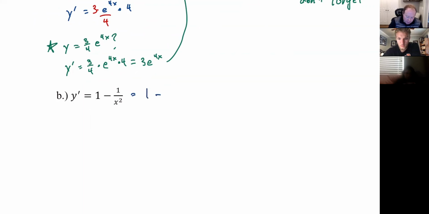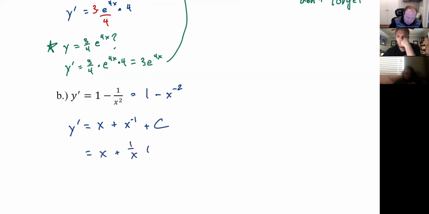So if I rewrite this one down here below as minus x to the minus 2, then a quick little thinking about it backwards, we have the derivative of x is 1. And then this right here came from a positive x to the minus 1 plus c. And again, this is just the same as x plus 1 over x plus c.